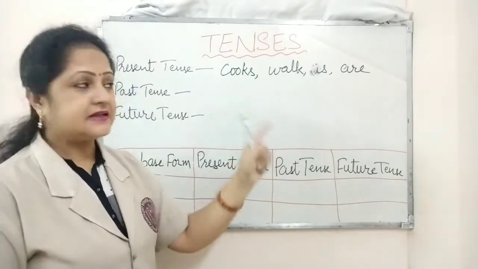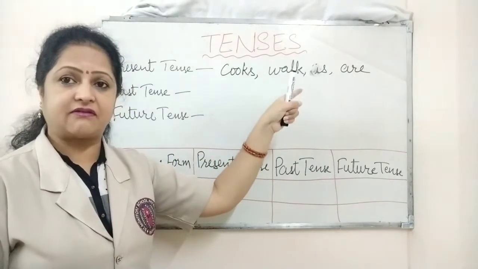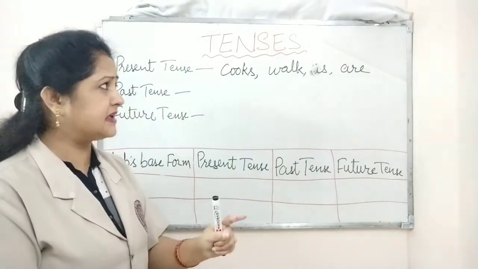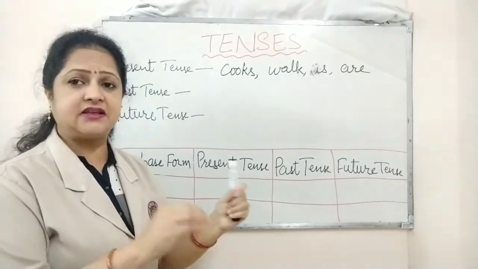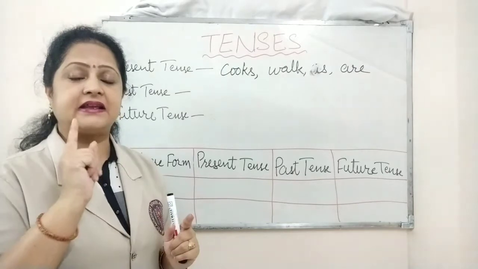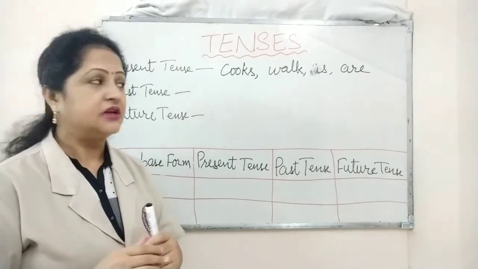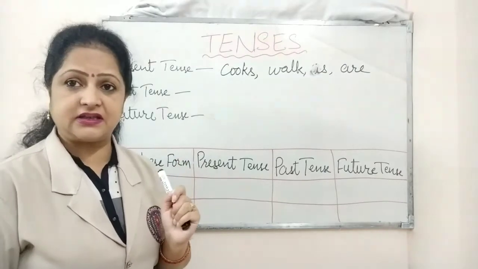That means in simple present tense we use the base form of the verb, and in case of he, she, it and singular number we use s or es, and in case of I, you and all the plural numbers we don't use s or es.